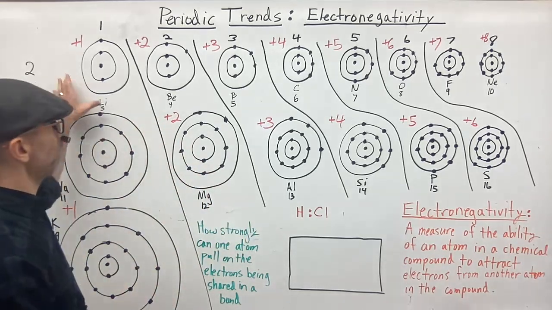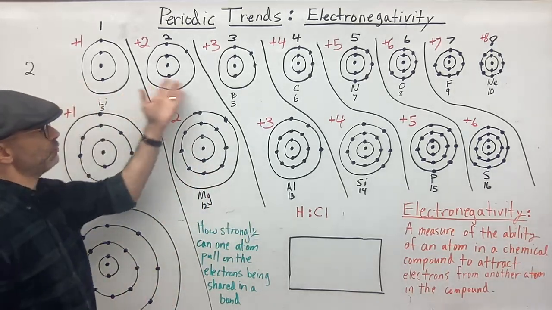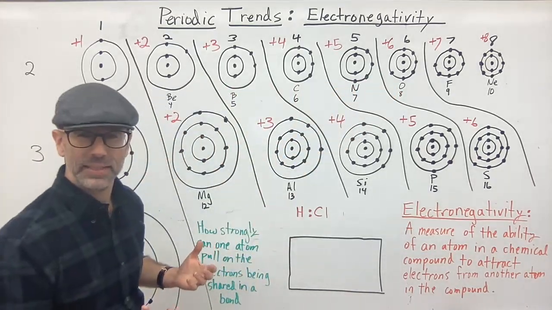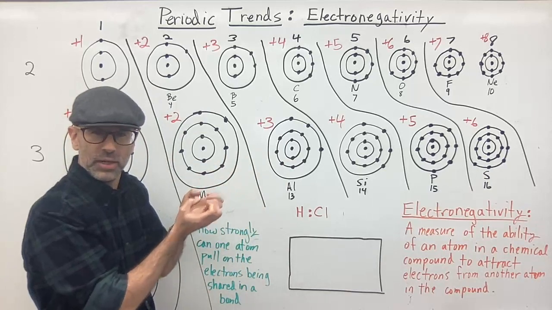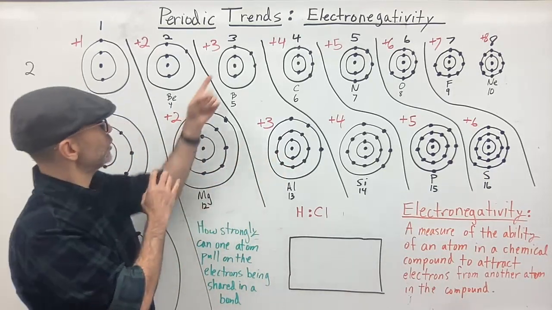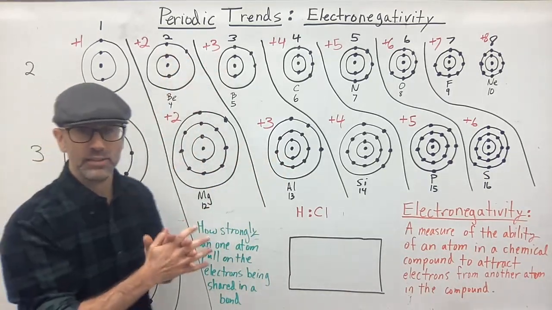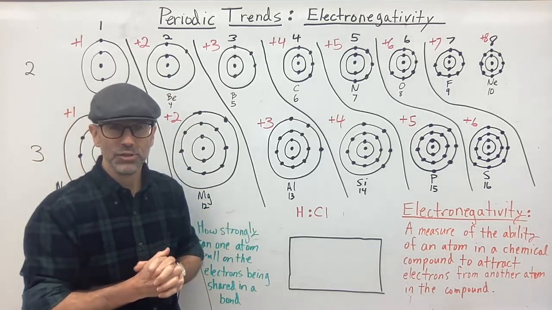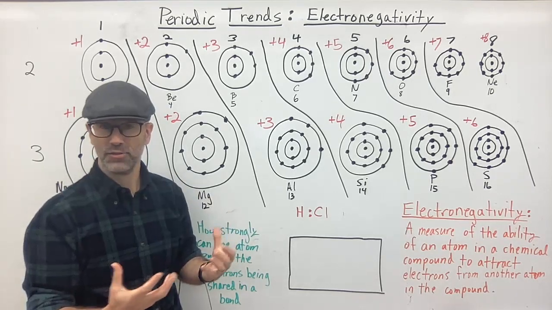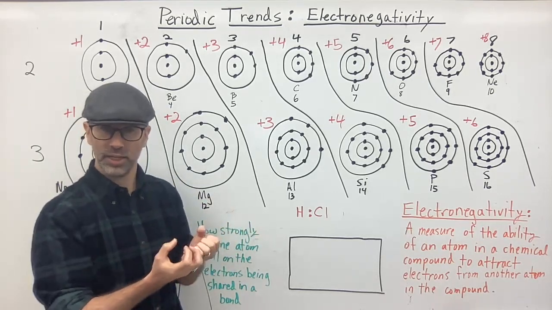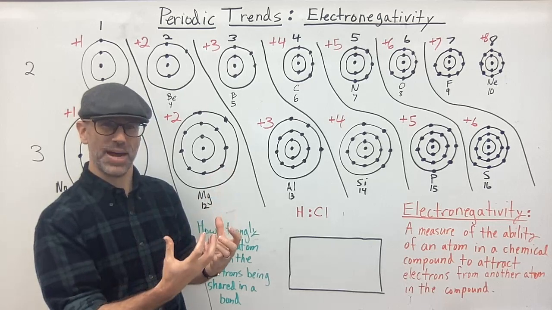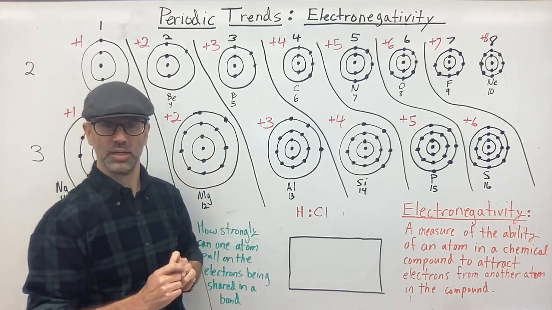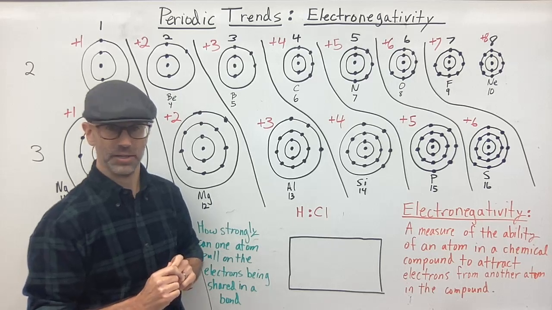If we remember that the effective nuclear charge is increasing this way, that means the nucleus is pulling more on the valence electrons. And the valence electrons, by and large, are the electrons involved in bonding. Those valence electrons are being shared between the two atoms in a bond.